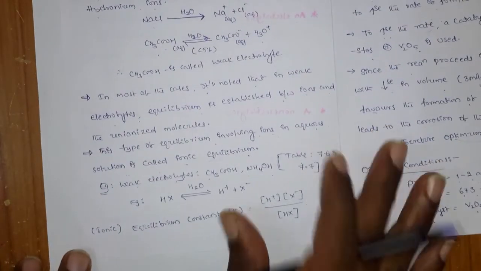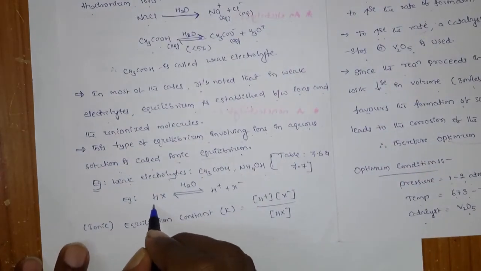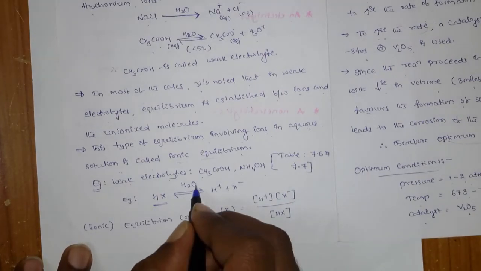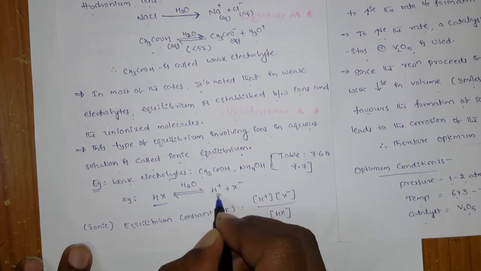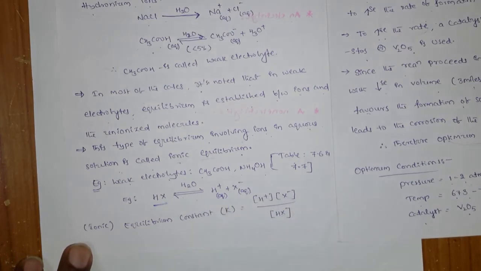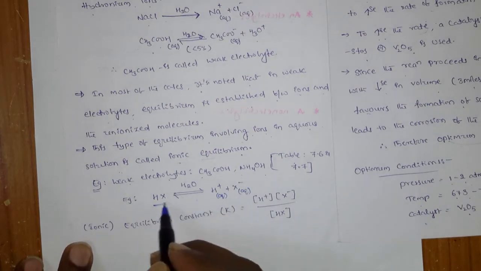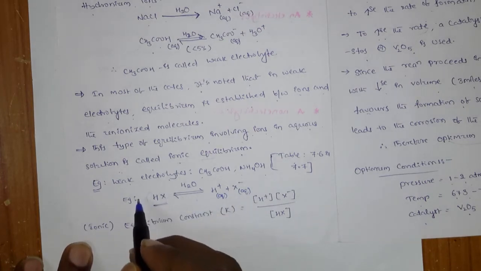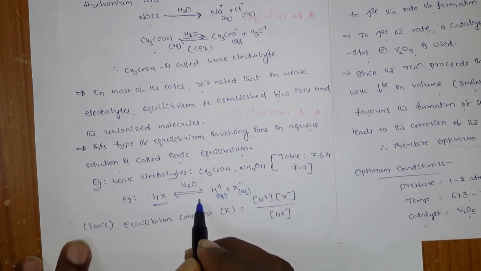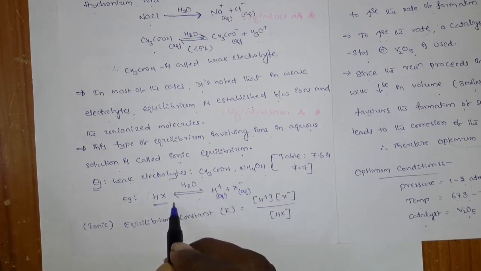So let us assume HX is a weak acid. When you dissolve it in water, it will convert into H plus ions as well as X minus ions, and since it is a weak acid, it cannot dissociate completely, so it forms some sort of equilibrium here.